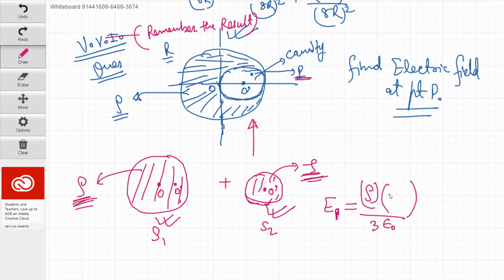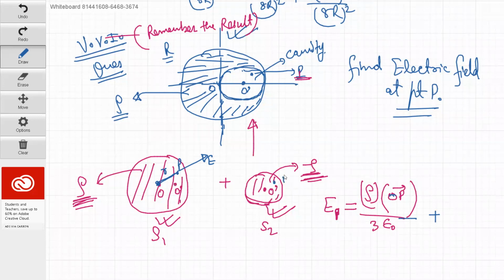R for it will be equal to the OP vector. R is the distance from the center, so that is the OP vector, because the electric field is in this direction. So this will be the OP vector.